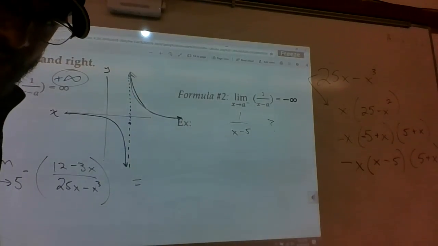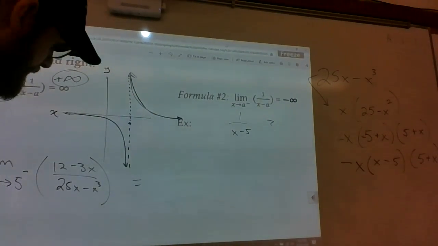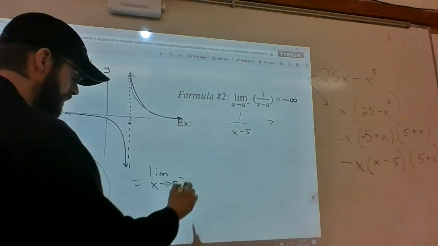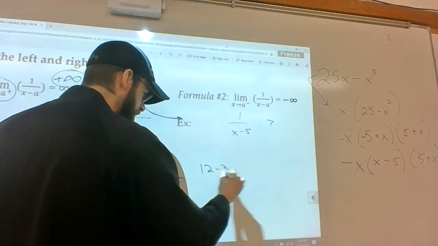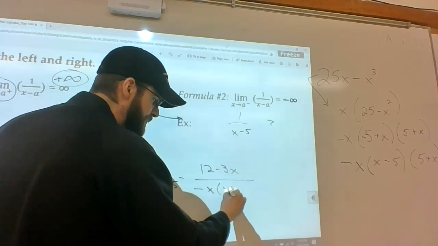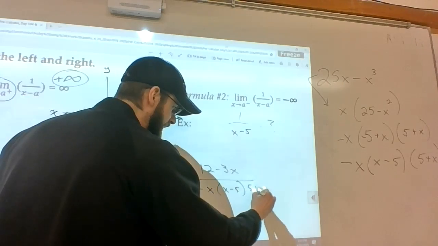So here's the bottom of that rational function that I have. Negative x minus 5, 5 plus x.